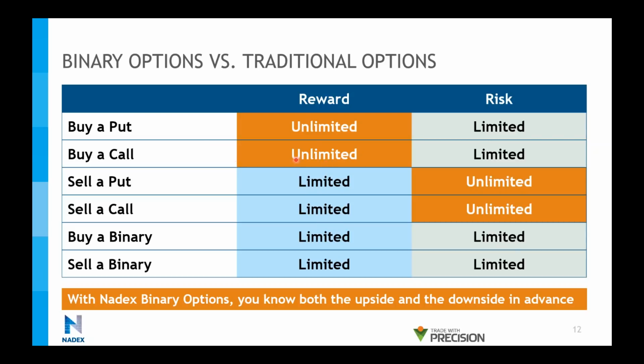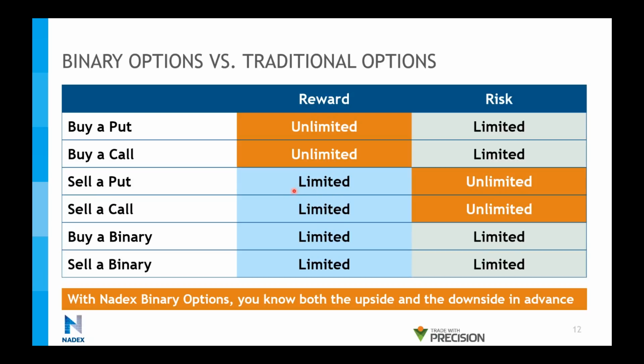If we buy a call, we have an unlimited reward this time truly, because this market can spike to infinity and beyond. And if it doesn't work out, our risk is limited because we know exactly what we paid, and this is the maximum that we can lose. Things start to become more interesting and way more dangerous when we look at selling puts and calls, because now our reward becomes limited.